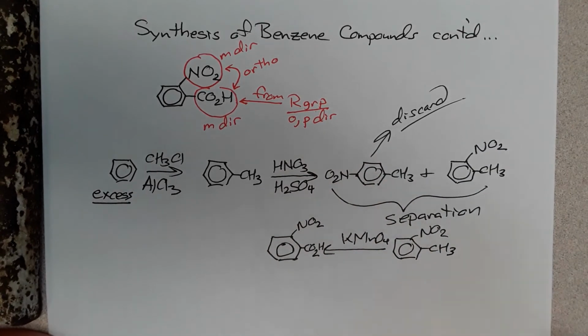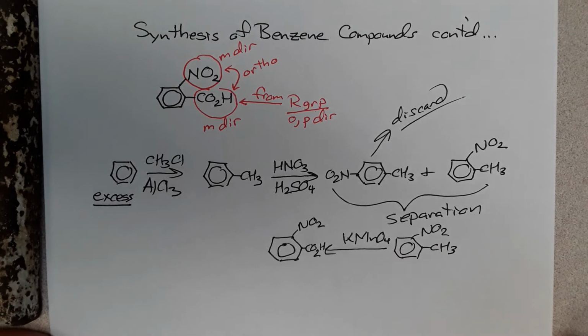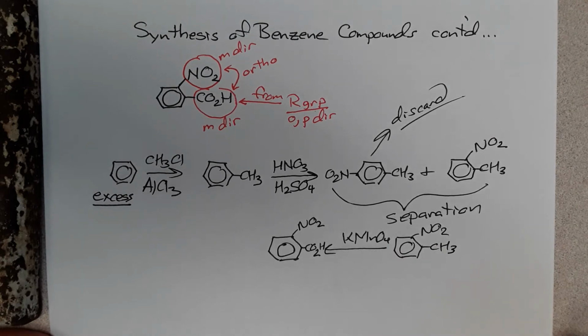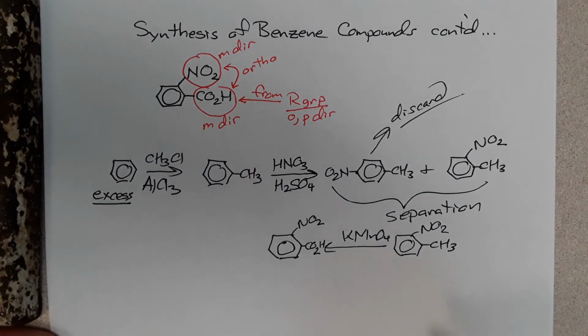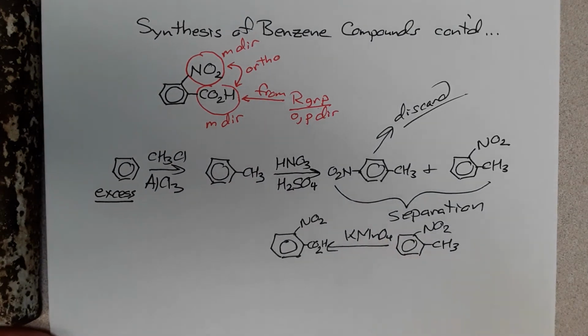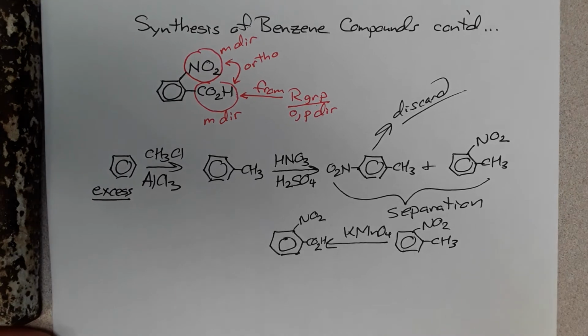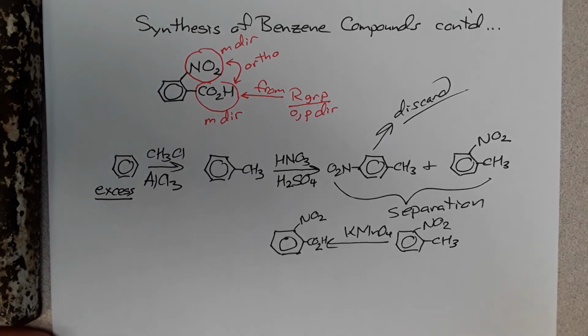because you have an ortho-para director. And so there is a way to solve this problem, and that method is to block one of the positions. Remember the blocking group? You could add a sulfonic acid, and then you could get rid of it.